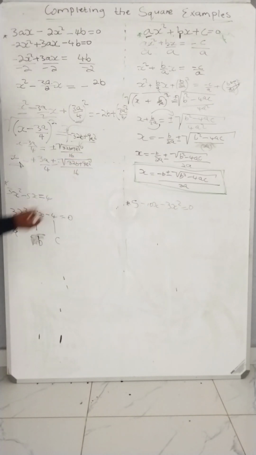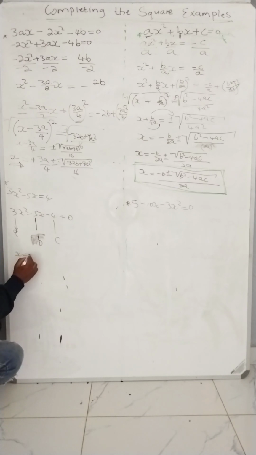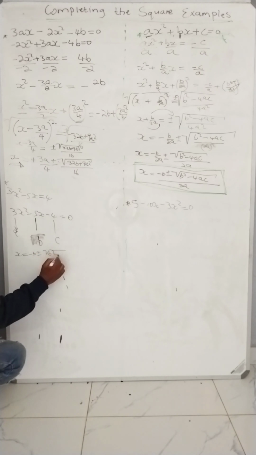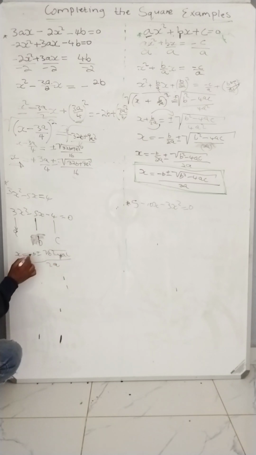Okay, so you have your quadratic formula as x is equal to minus b plus or minus the square root of b squared minus 4ac all over 2a. But what is your b?